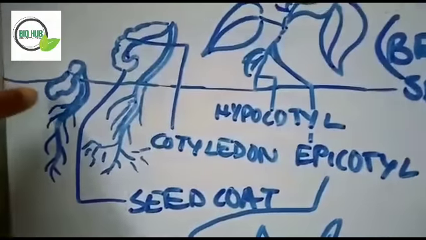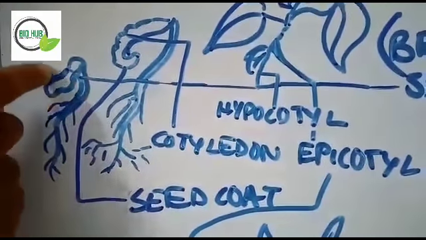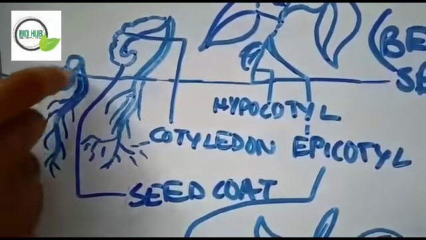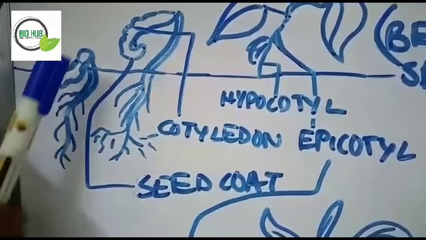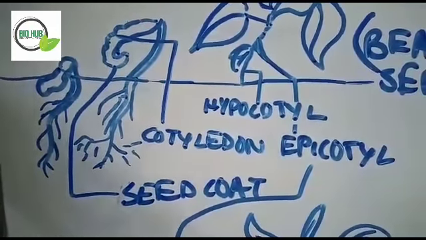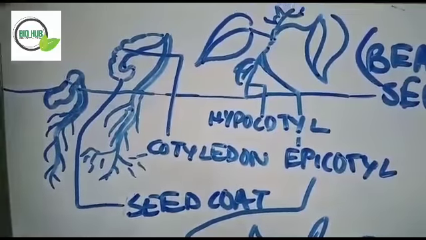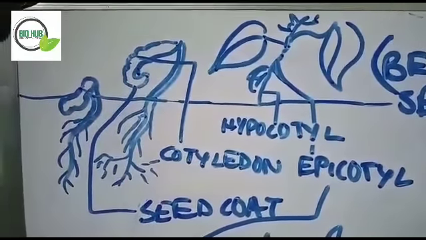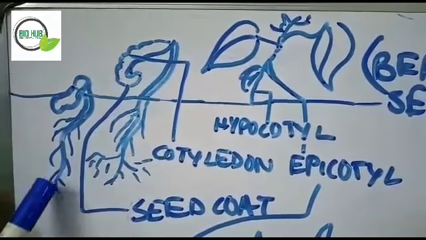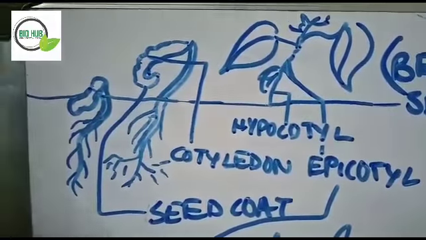First of all, this part is the cotyledon. The seed absorbs water, and as it absorbs water, it swells up and therefore it ruptures, and the radicle comes out to form the root system.